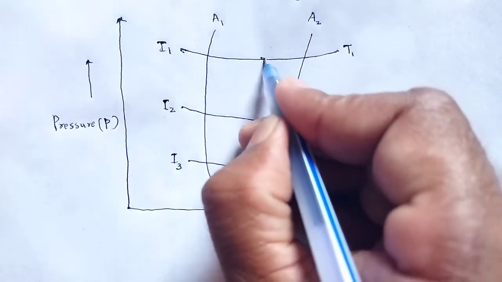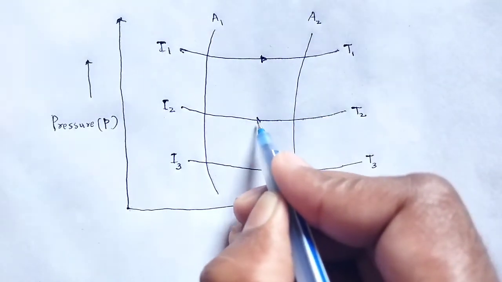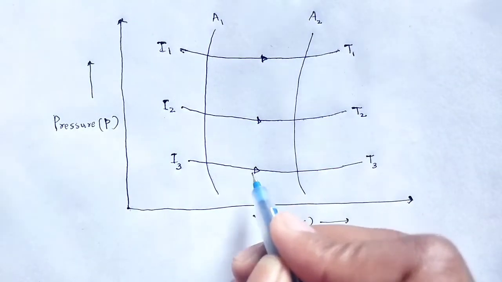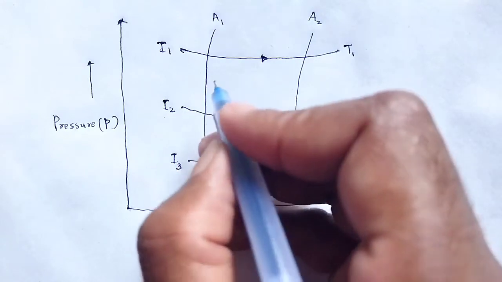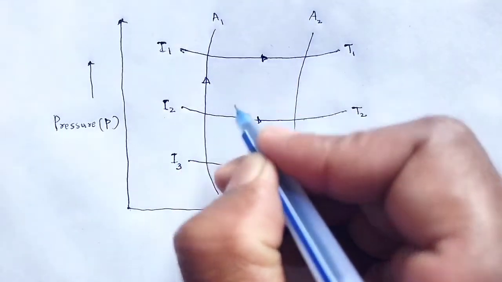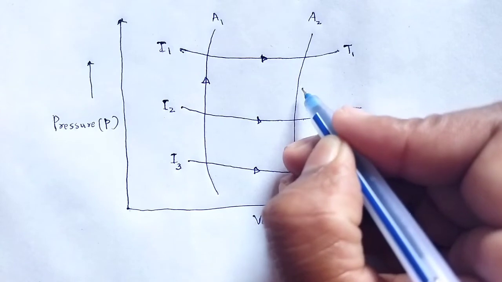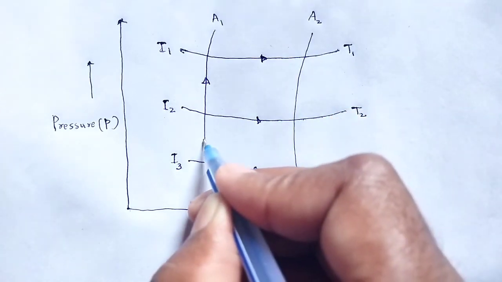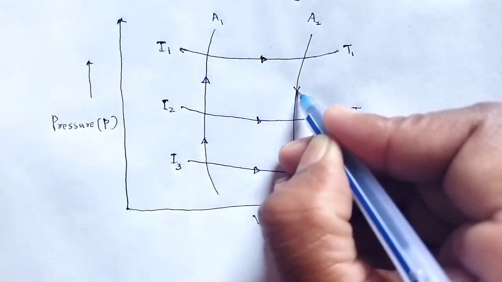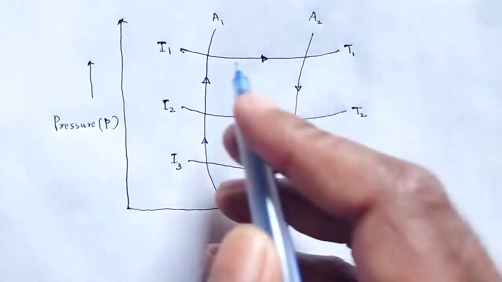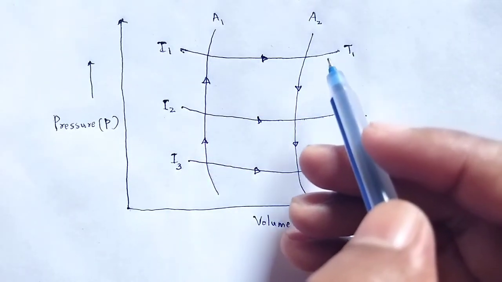These are the isothermals I1, I2, I3, and these are the adiabatics A1 and A2.